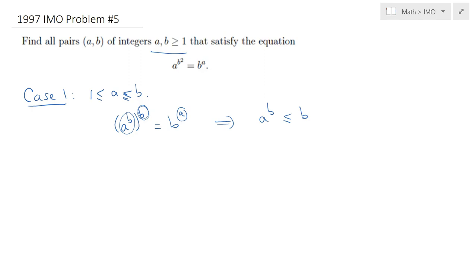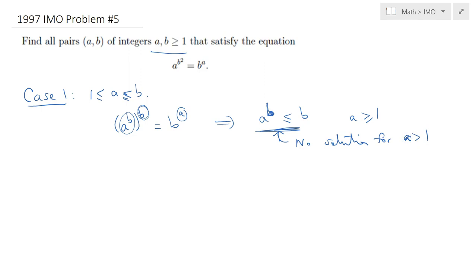Now recall that in this expression a is greater than or equal to 1. Now it is not too hard to show that in fact, this expression will have no solution for a strictly greater than 1.